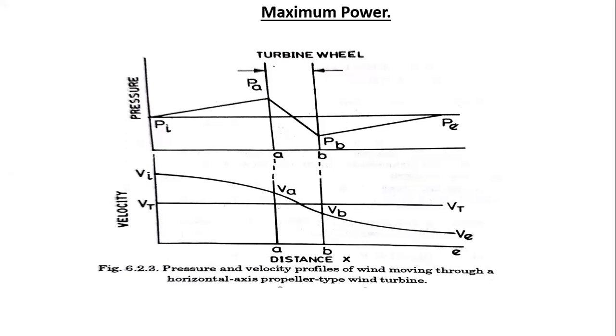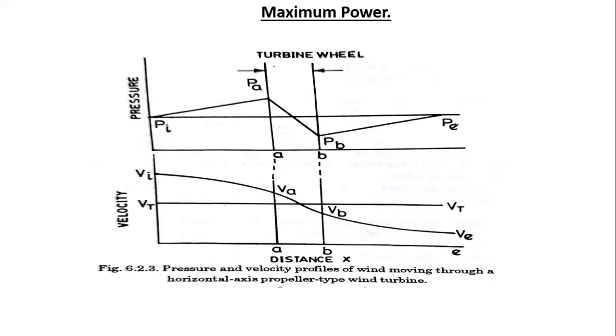This propeller type windmill we can also call a wind turbine. Nowadays we are not calling it horizontal axis propeller type, we simply say wind turbine. This is the most commonly used word nowadays.